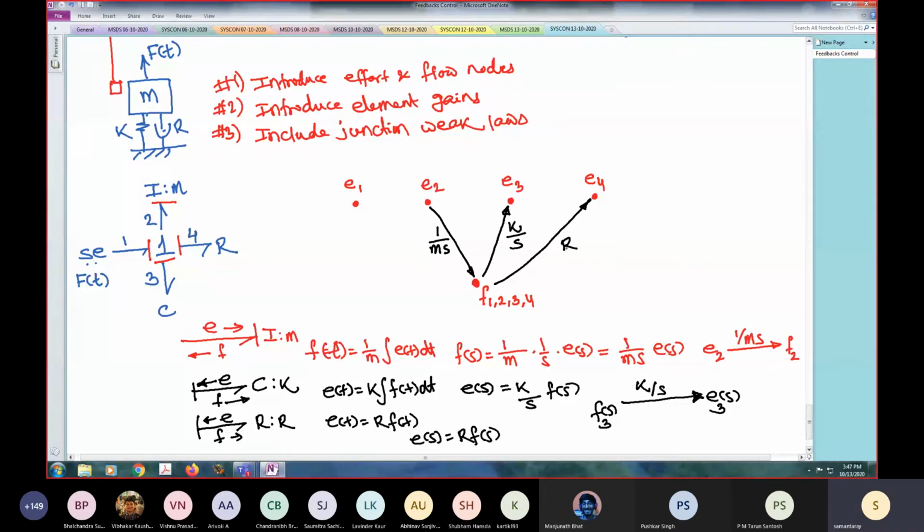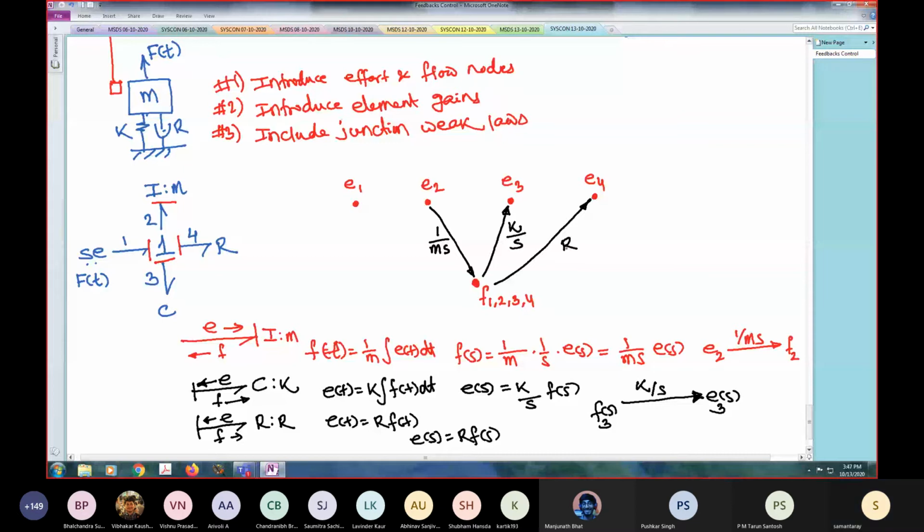So we have written all element gains. Now we will write down the junction weak law. Junction strong law we are not writing because it's already there. When we have put a single node for F1, 2, 3, 4, that is junction strong law. So what is the weak law for this junction? For this junction, what is the strong bond?